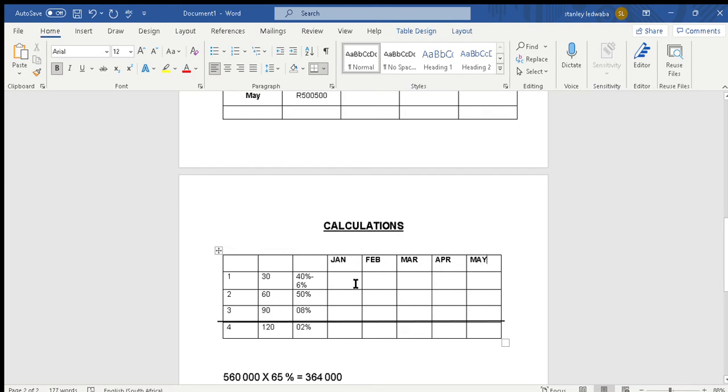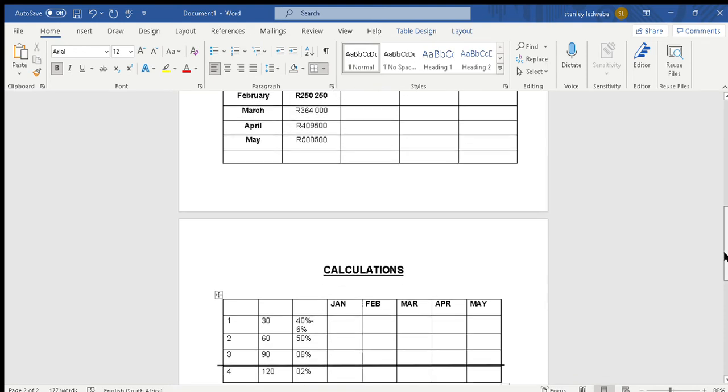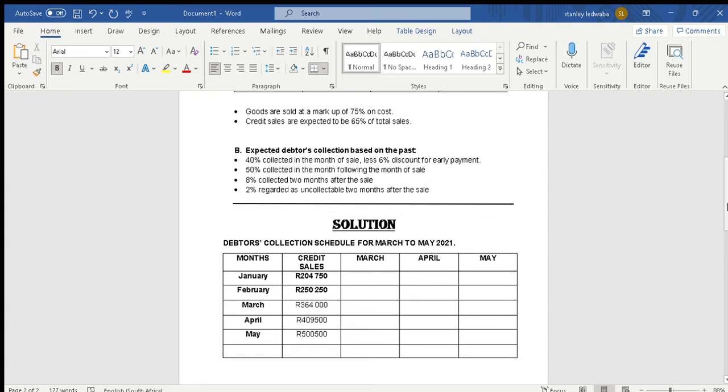Okay, then from there we are going to collect, right? Remember, the months that we focus on are March, April, and May. Then we are going to collect on March, April, and May. Don't forget the collection pattern. They said 40% collected in the month of sale, 50% in the month following. When they say collected in the month of sale, they mean it is collected the very same month.